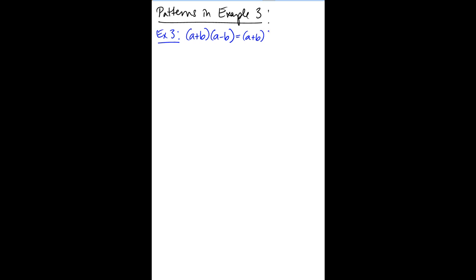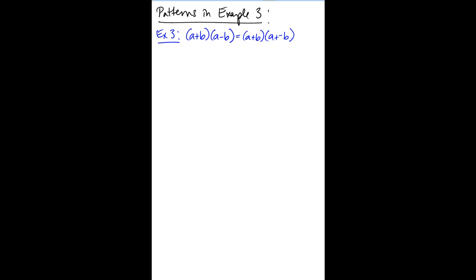Okay. Finally, let's look at example 3. So we'll remind ourselves what example 3 looked like. Example 3 was this, a plus b times a minus b. So again, I'll go ahead and rewrite that as a plus b times a plus negative b.